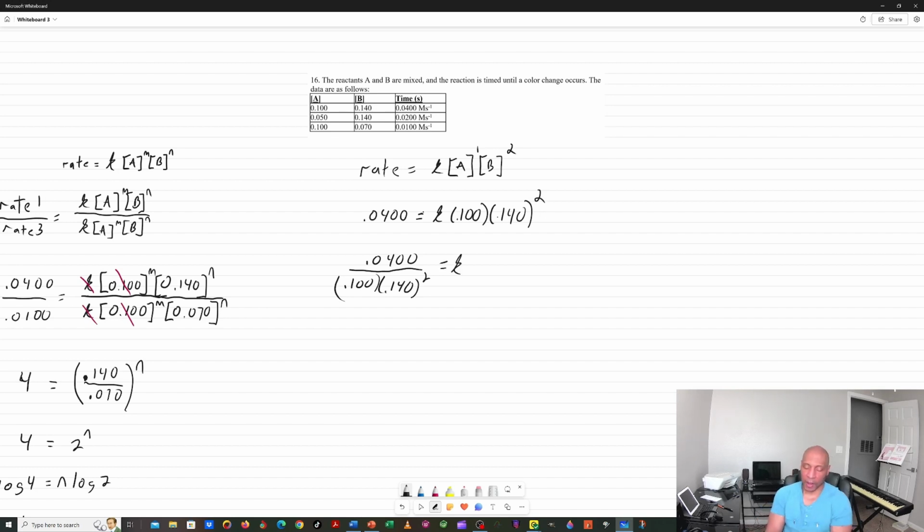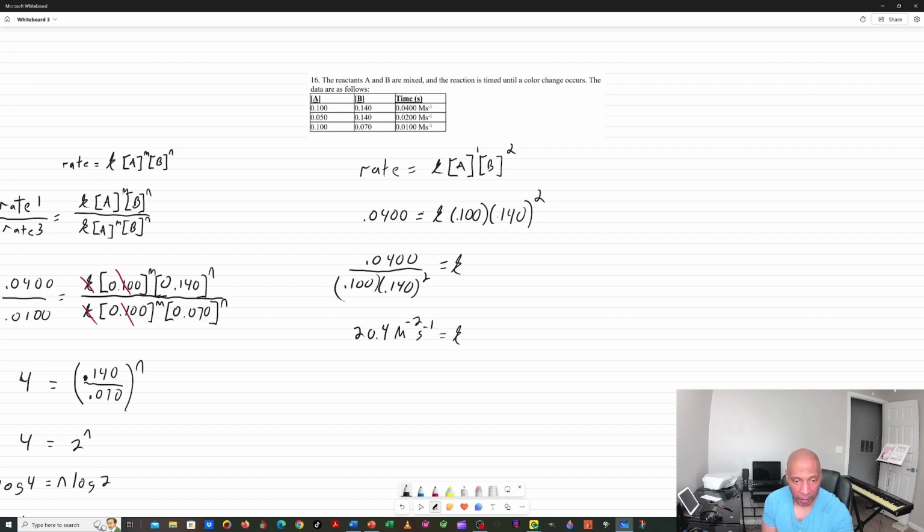So let's find out what k is equal to. 0.04 divided by 0.1, divided by 0.14, and divide by 0.14 again. And I'm going to end up with 20 point, let's see, how many significant digits is this good to? 1, 2, 3. It's good to 3 significant digits. 20.4. So 20.4 M to the negative 2 s to the negative 1 is equal to k.